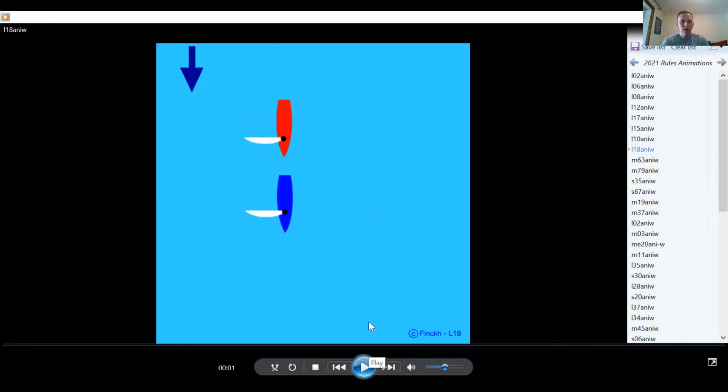Now here, again, same rules, but the difference from those previous animations is that there's no overlap. So what we're looking at is a line here, an imaginary line.